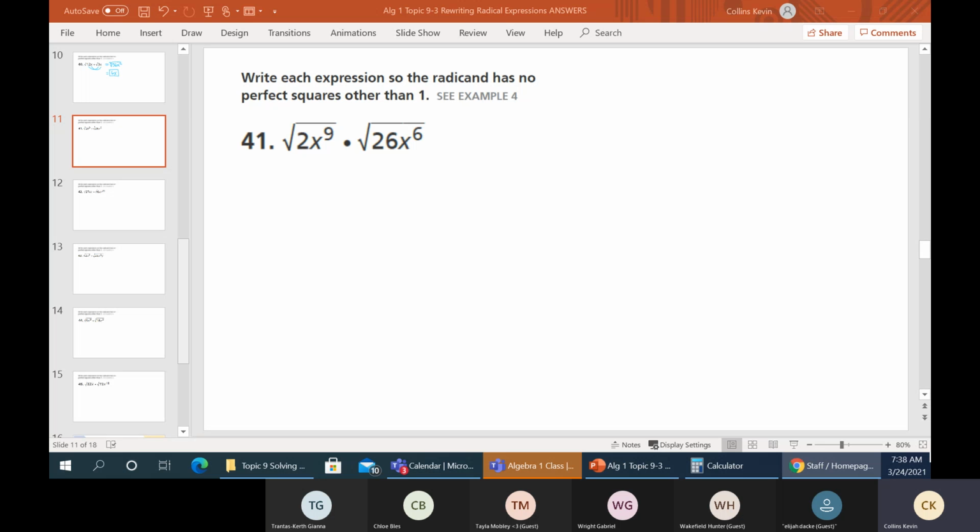So let's go ahead and multiply together. So 2 times 26, that's going to be 52. Right? And then x to the 9th and x to the 6th is going to be x to the 15th. And all this stuff is around the square root.